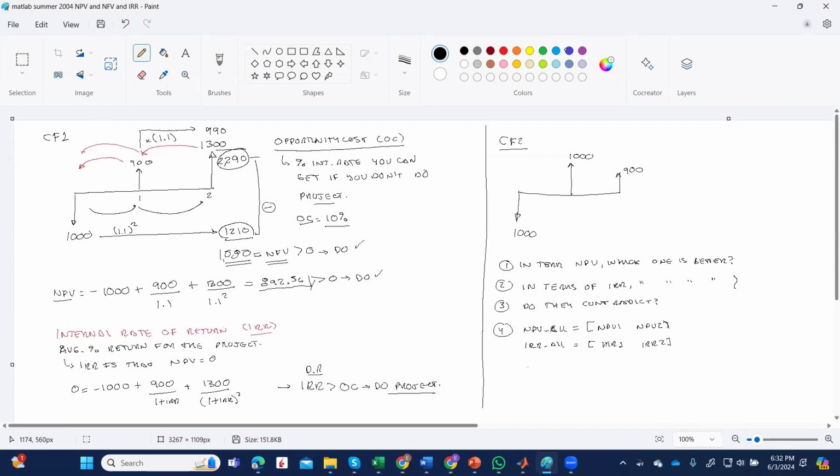And then finally, I want you to put it all in a matrix like that: NPV1, internal rate of return 1, NPV2, internal rate of return 2. Okay? 3 minutes to do this.